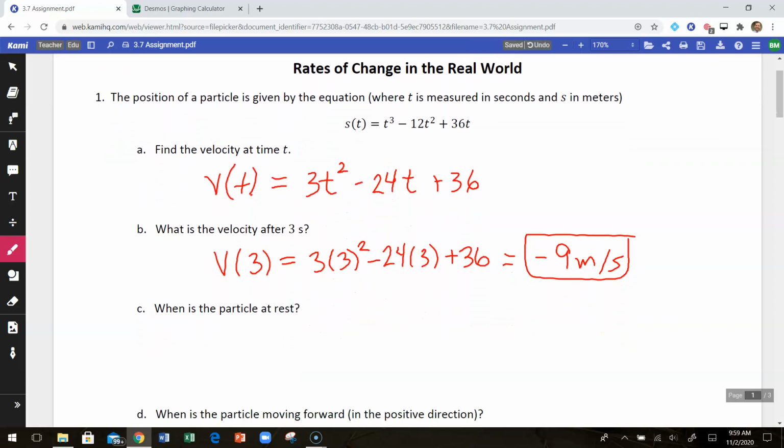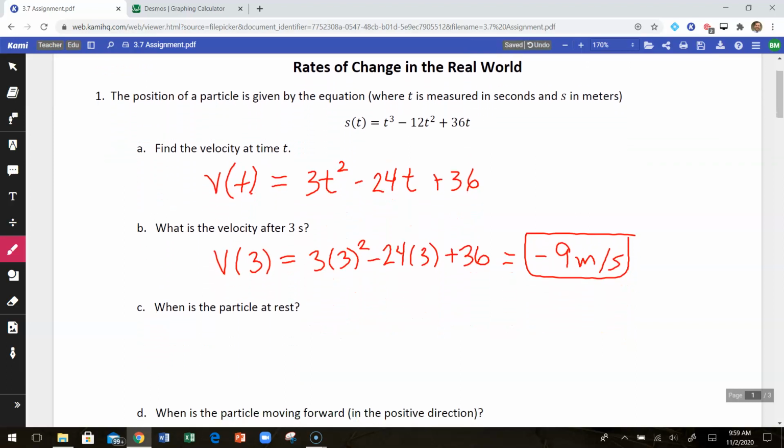When is the particle at rest? The particle at rest would mean that the velocity function is equal to 0. Right? So that's not happening at time 0. It could be happening at time 0, but we want to know when the velocity is 0. So I'm going to take the velocity function, 3t squared minus 24t plus 36, and set that equal to 0.